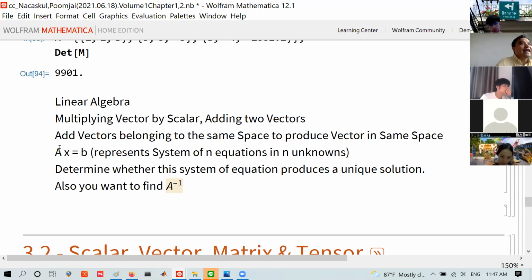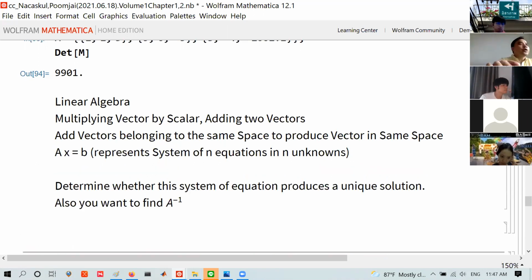So A is a matrix. Matrix theory has only two components, 80 to 90% of it.